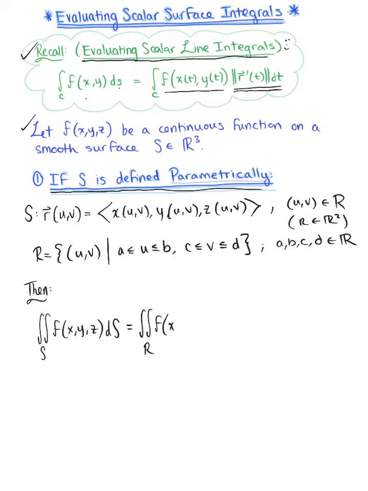So this is f of x of u, v, y of u, v, z of u, v, and we're going to multiply this by the magnitude of the tangent vectors. So keep in mind here, we have a two-parameter description. So the magnitude is of the cross product of the tangent vector in the u direction with the tangent vector in the v direction, dA. So this is our surface integral for a parameterized surface.